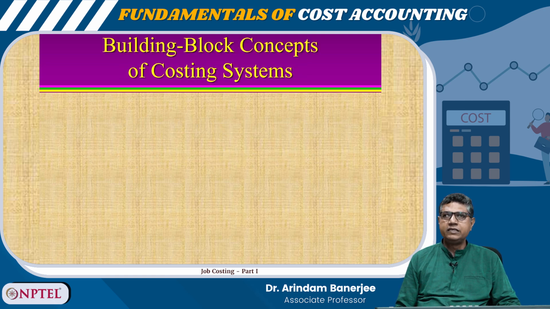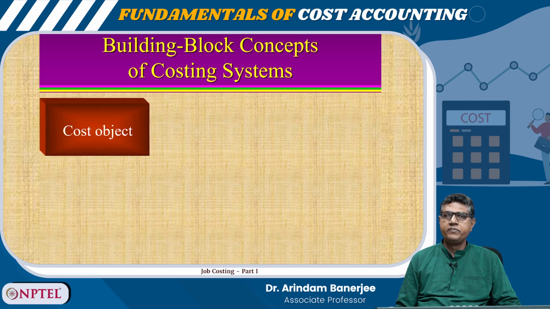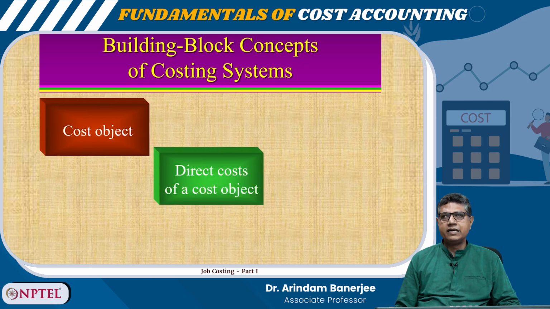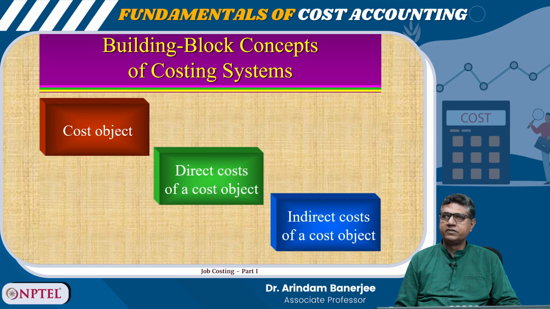Now, first, what are the building blocks of the costing system? The first is that there should be a cost object. Then we need to assign the direct costs of a cost object and the indirect costs associated with it.